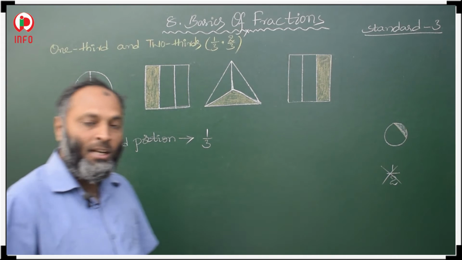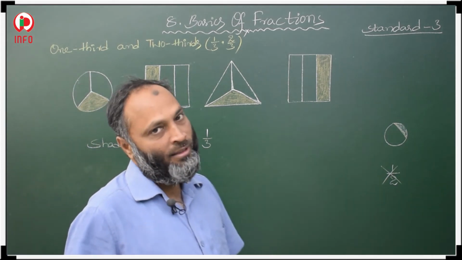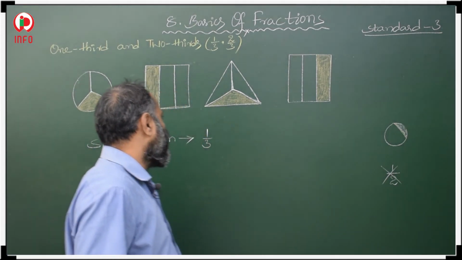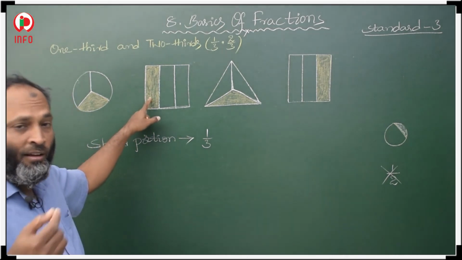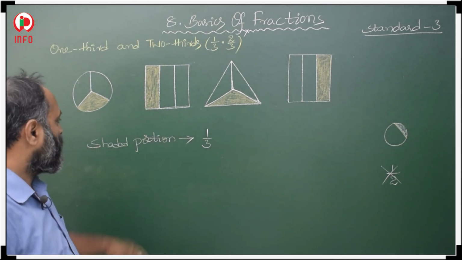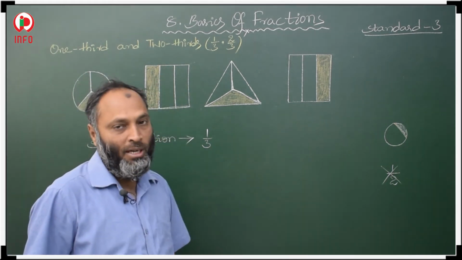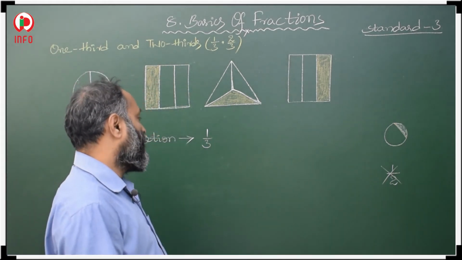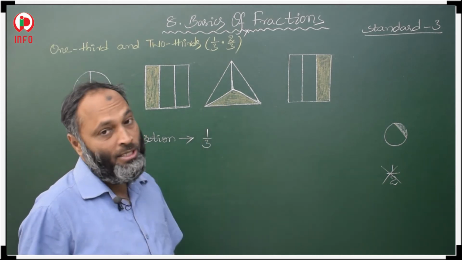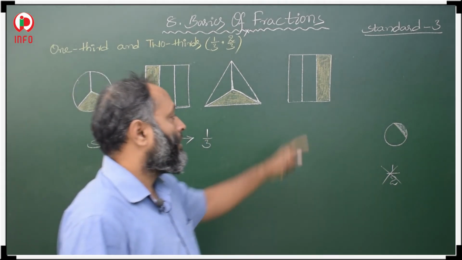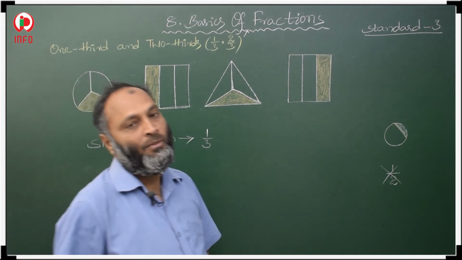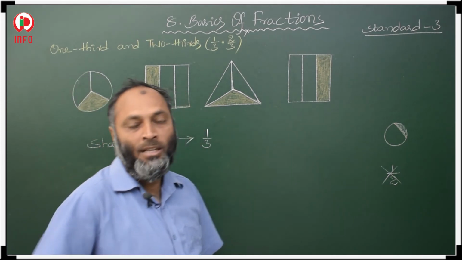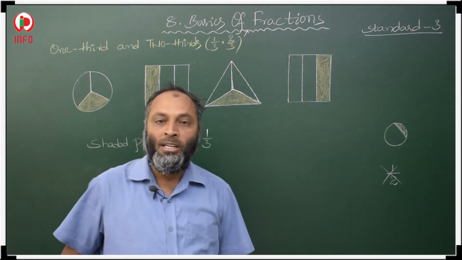Okay. Now, what is the fraction of this? This is also 1/3. In total 3 parts, 1 part is shaded, 1/3. Here shaded portion is 1/3, here also 1/3. 1/3 means 1 by 3, 1 by 3 portion is shaded.